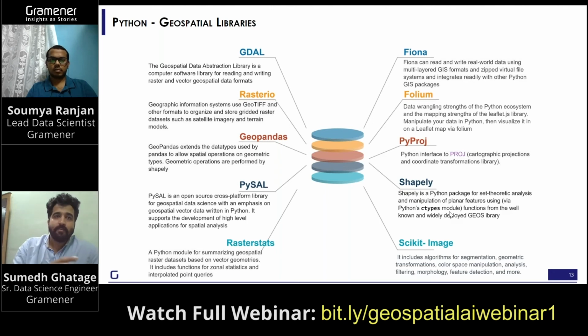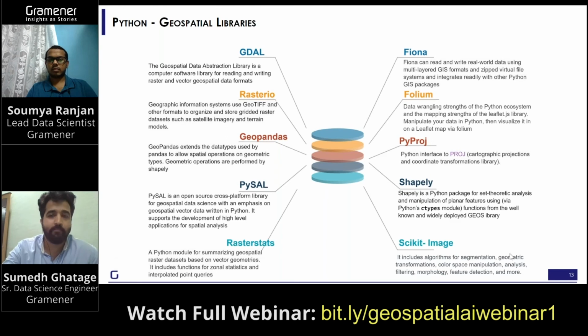When we talk about geospatial datasets, the projection system is one of the important concepts. When we are using different projection systems, the universally used one is probably EPSG 4326, and at the local level we use UTM to convert it into the metric system.